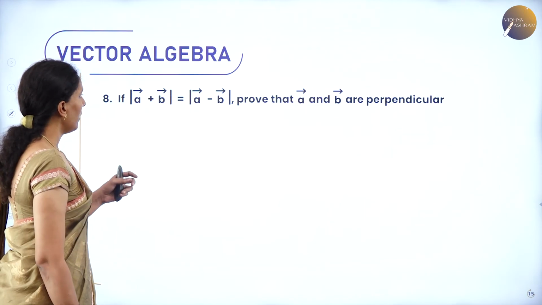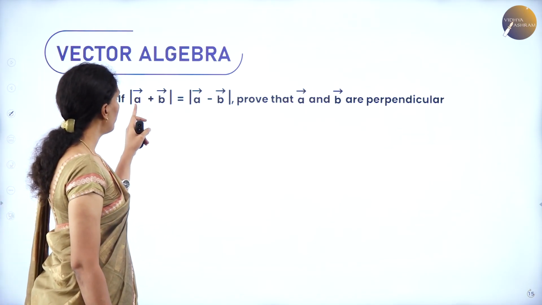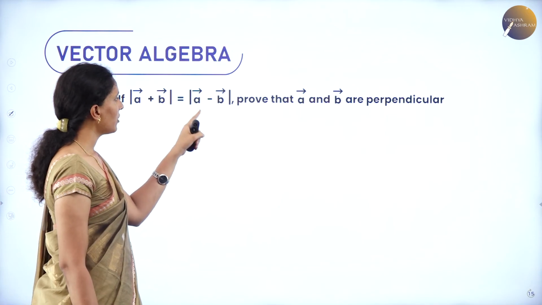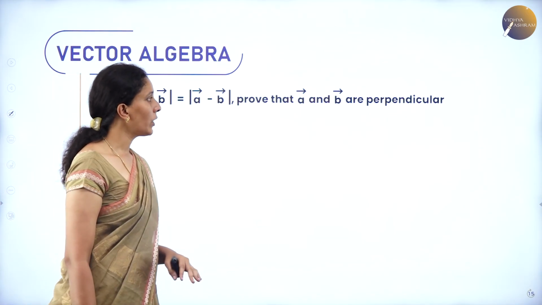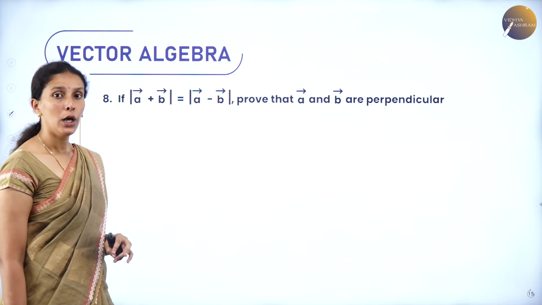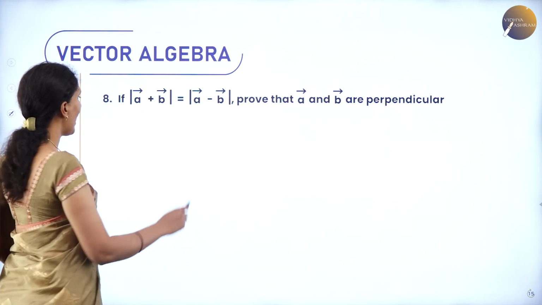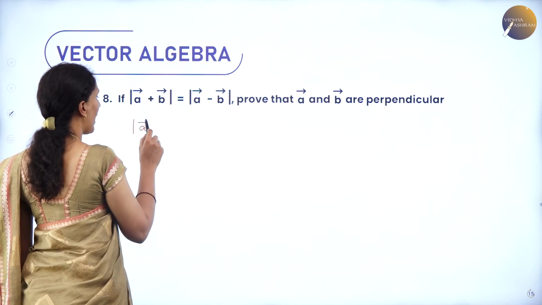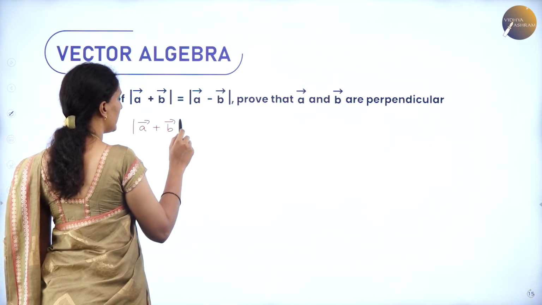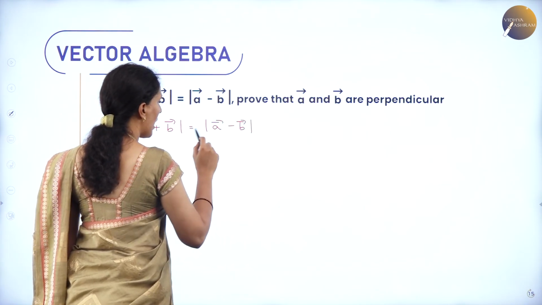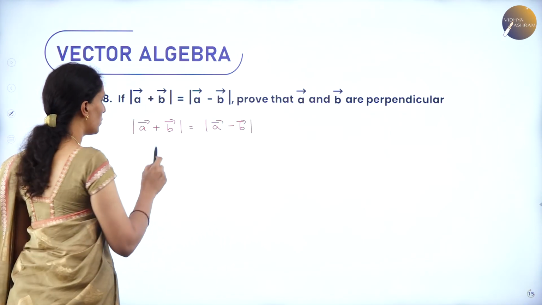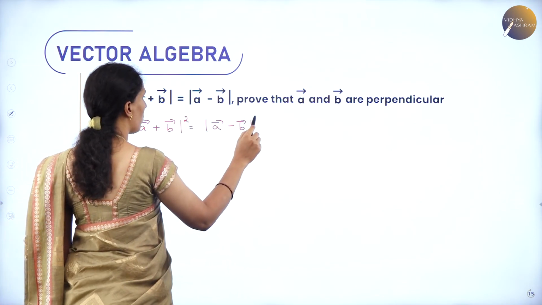Next, if magnitude of vector A plus vector B and magnitude of vector A minus vector B are equal, then prove that vector A and vector B are perpendicular. Now we have magnitude of vector A plus vector B and magnitude of vector A minus vector B are equal. Squaring on both sides, we will get square on both sides.